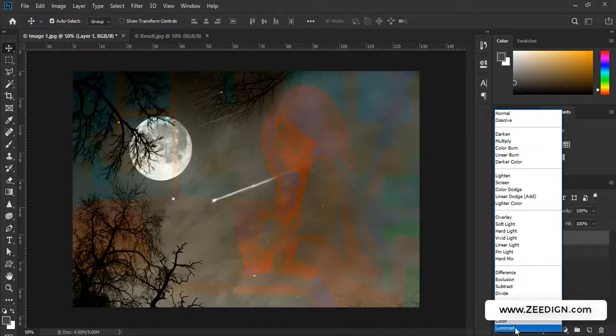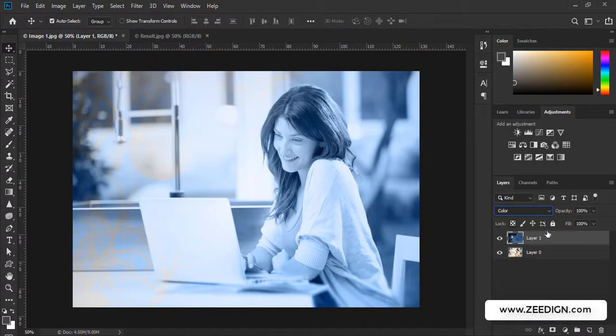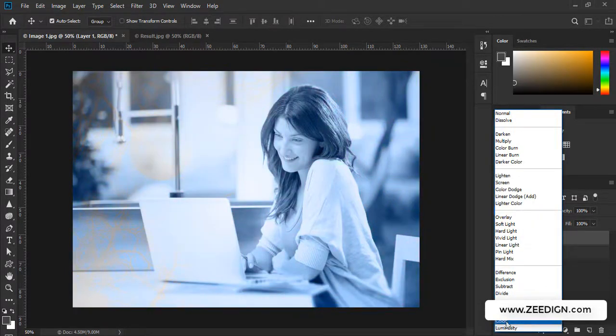Okay, this deals with the darkness. This is just color, and if I pick color, it means that it is going to colorize the layer with the top one. Because the top one was blue, it is just sort of colorizing the bottom one. So it's like coloring the bottom layer based on the colors of the top layer.